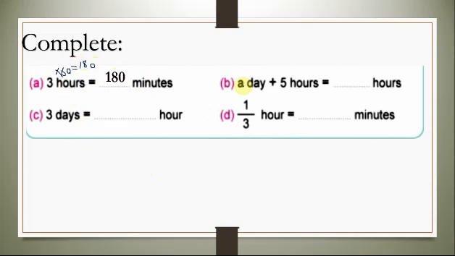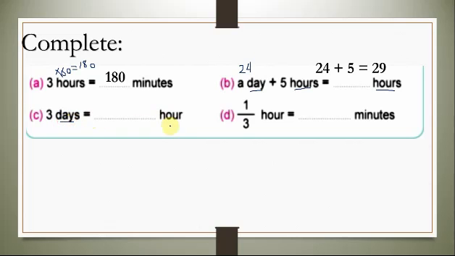Letter B, a day plus 5 hours equals how many hours? I can't add day and hour. I have to change the day to hours, because this is hours and this is hours. A day equals 24 hours, so 24 plus 5 equals 29.